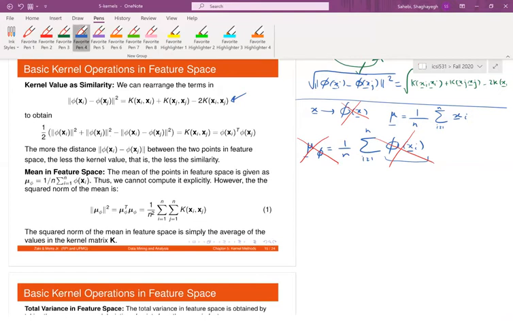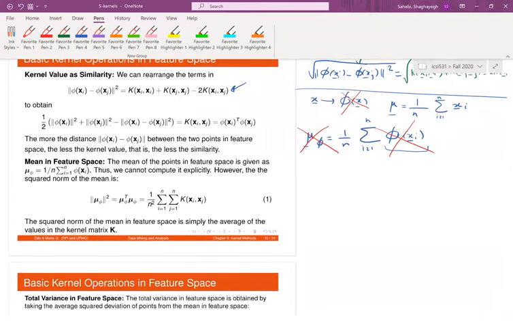So basically, what we can think of is to calculate the norm of this mean vector in the new feature space and see if we can actually calculate that.